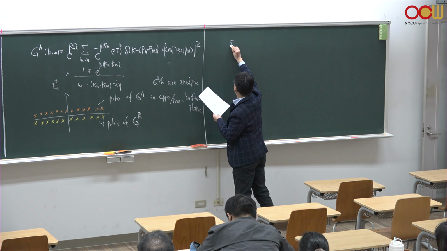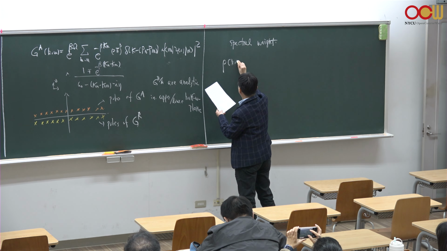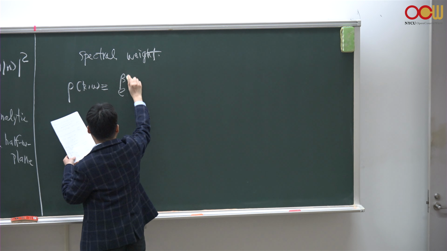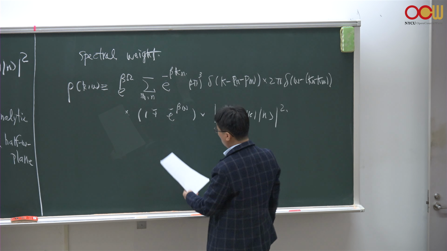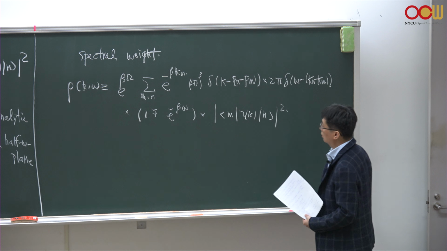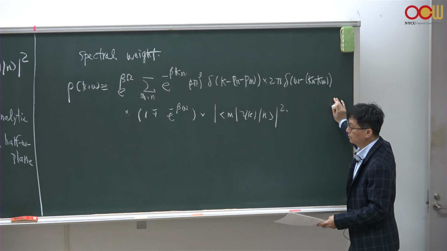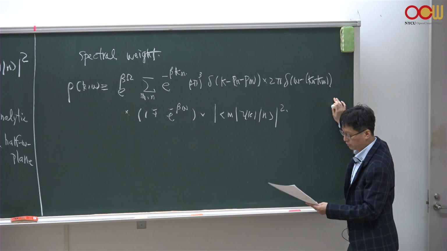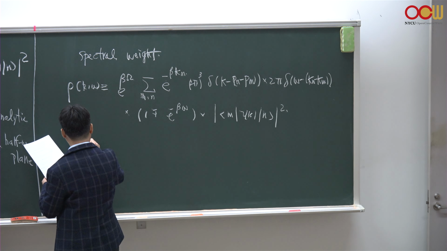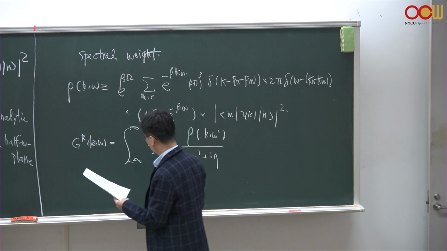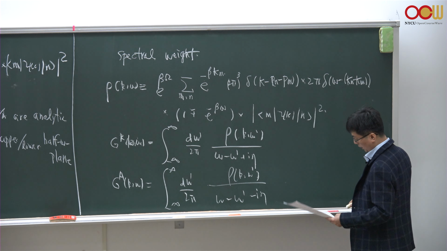So let's define the spectral weight. Like before, we can define the spectral function from the real Green's function. If I define this rho(k, omega) like this, then I can simplify the G retarded and G advanced expressions in terms of rho. So G retarded is this, and G advanced is this.